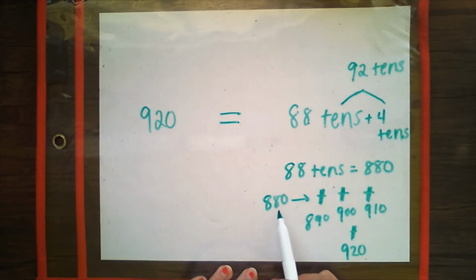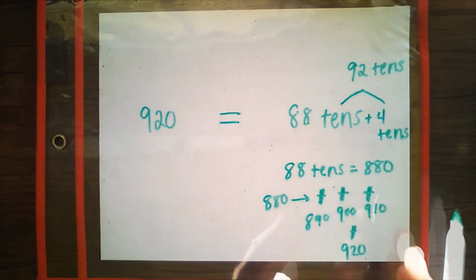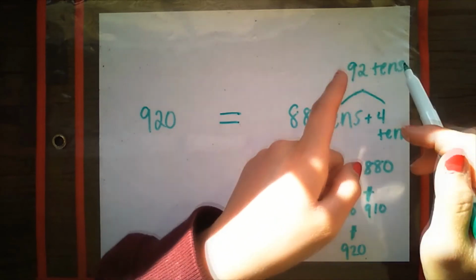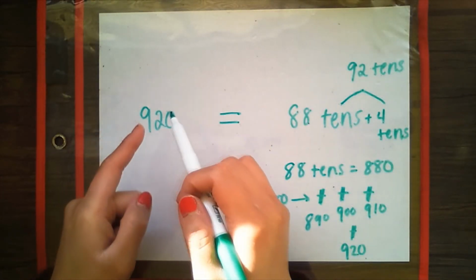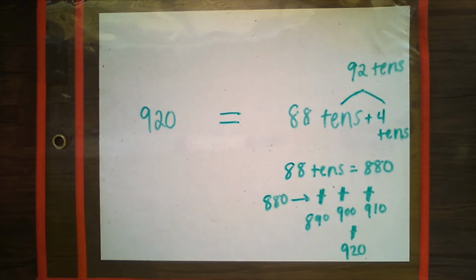Then we counted on from 880 by tens: 880, 890, 900, 910, 920. So, 920 is the same thing as 92 tens. 92 tens, therefore, is equal to 920, which was what was on the other side. Wonderful job, my friends. Let's go ahead and move to what we need to talk about in order to do well on the independent practice.